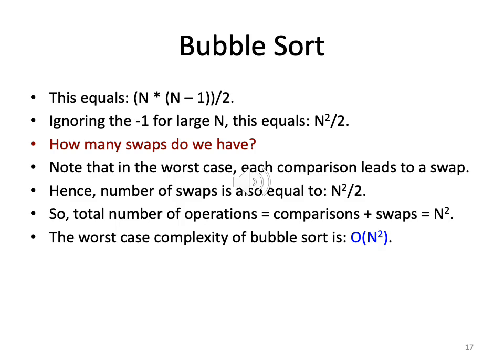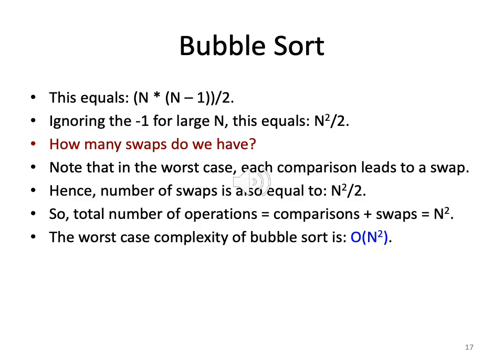But if you look at the worst case, you'll see that for every comparison, you will have to do a swap. So to give an example, you can try to do bubble sort on the array 5, 4, 3, 2, 1.